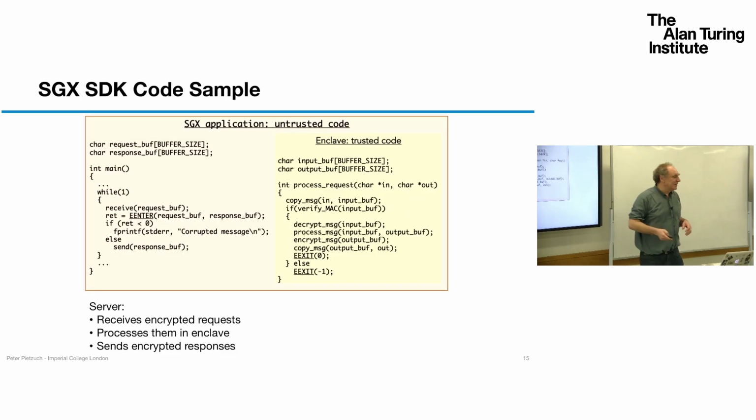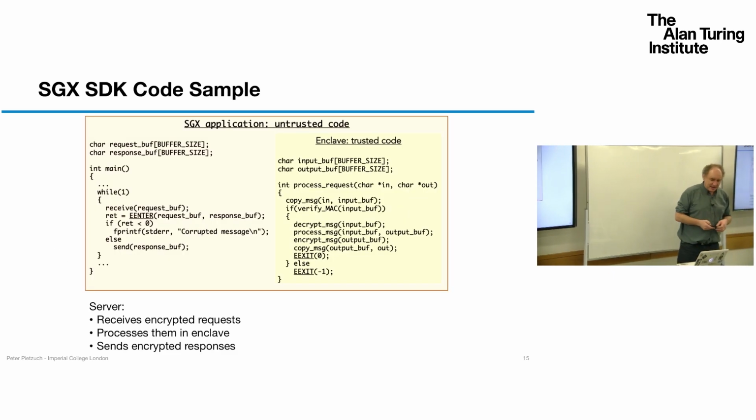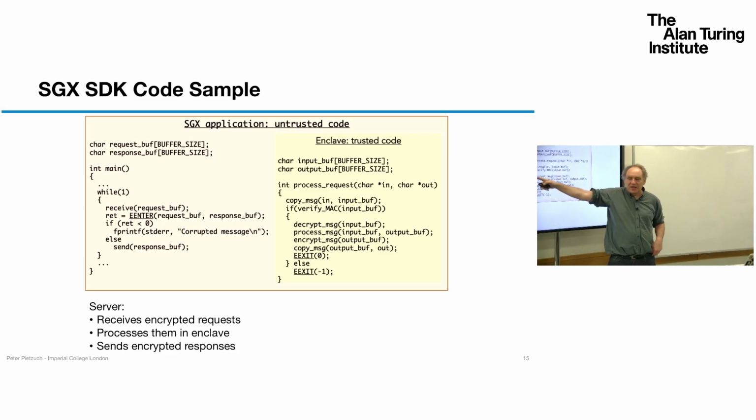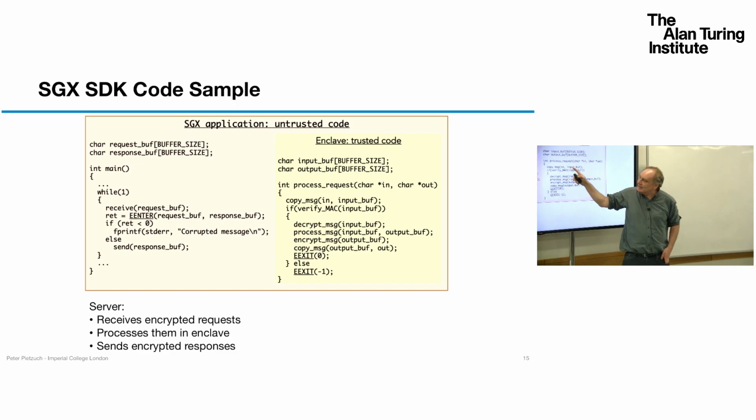Okay, so this is a very noddy example of just using the enclave. Here's some general untrusted code, which is going to enter the enclave, and then in the enclave, this code will execute, which is basically taking input, copying the message into an input buffer, verifying a MAC on it to check its integrity, decrypting the message, processing it, encrypting the answer, outputting the answer, and then exiting the enclave.